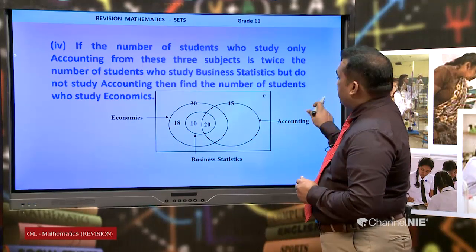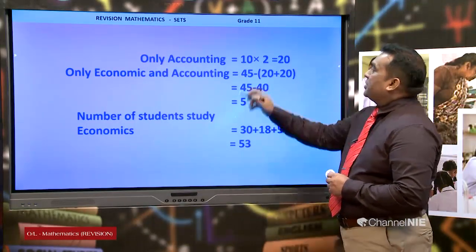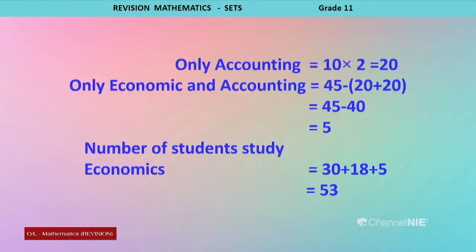Here, only accounting, twice. Twice means 10 multiplied by 2, 20.